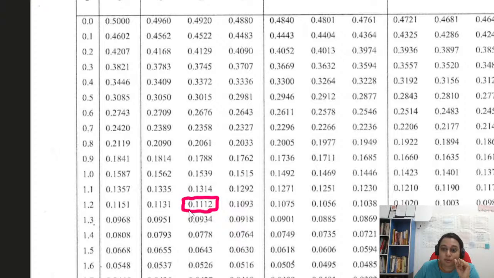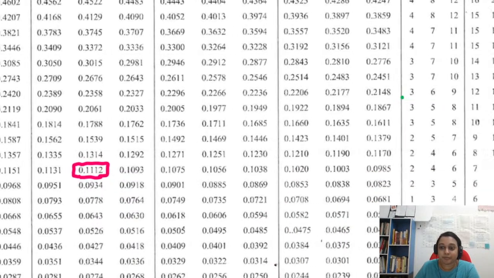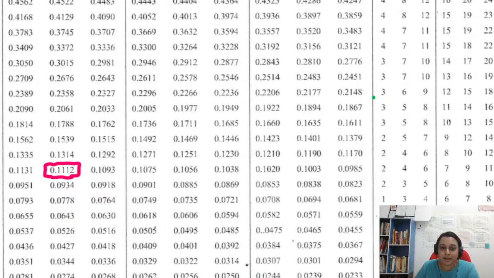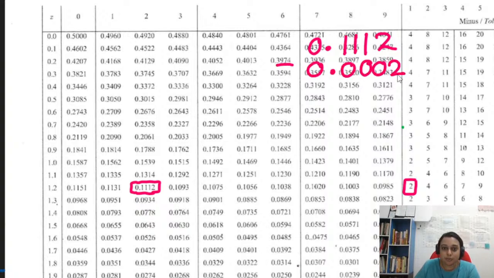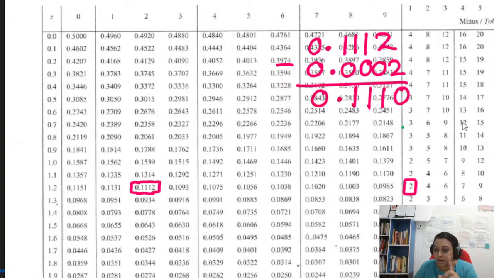So, kita kena tolak dengan 2. 0.1112 tolak 0.0002. So when you minus, we get 0.111. Dapat kan? Okay.